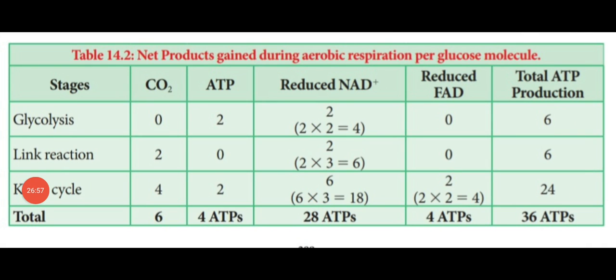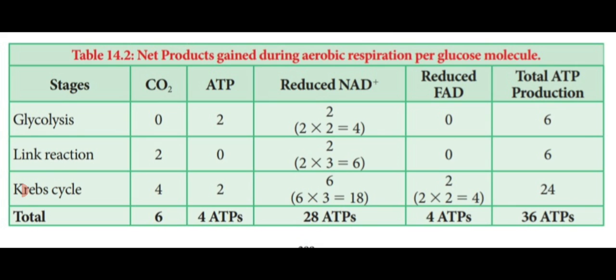Dear students, so this is the overall net gain of ATP in aerobic respiration. Glycolysis takes place in the cytoplasm. Cytoplasmic NADH produced 2 molecules, so 2 into 2, 4 ATP are produced. Reduction of FAD is absent.